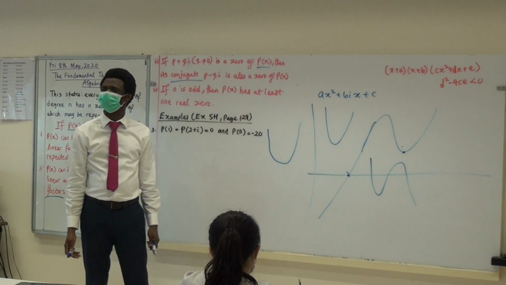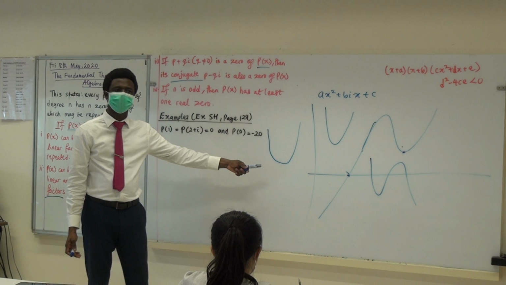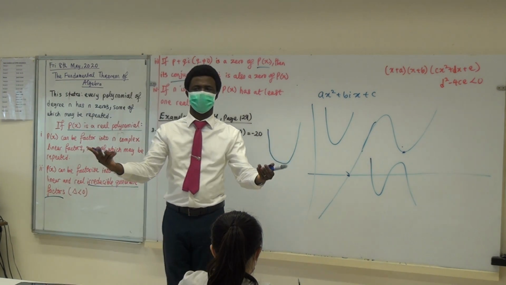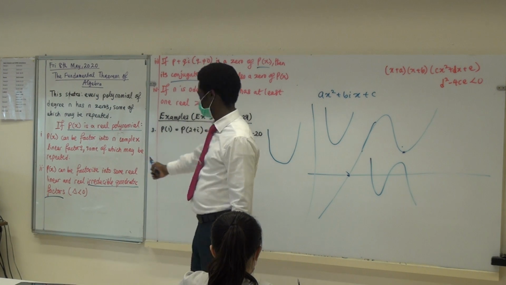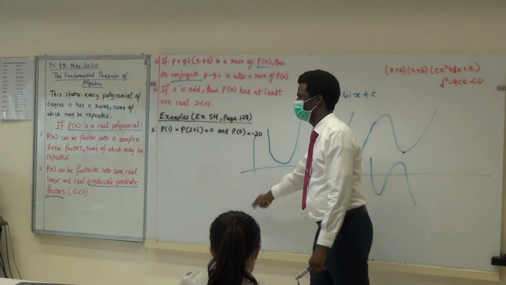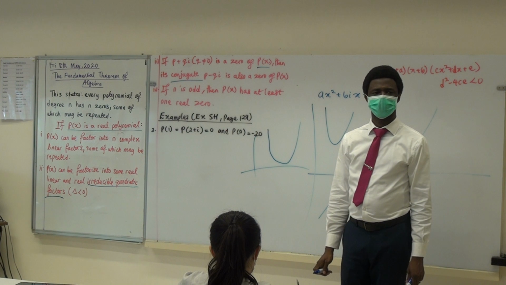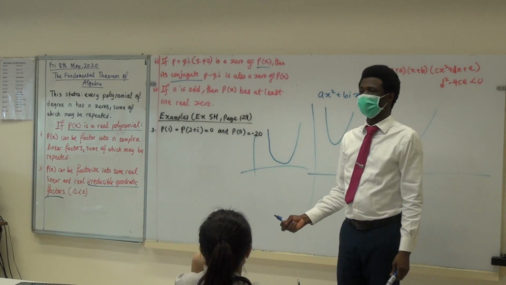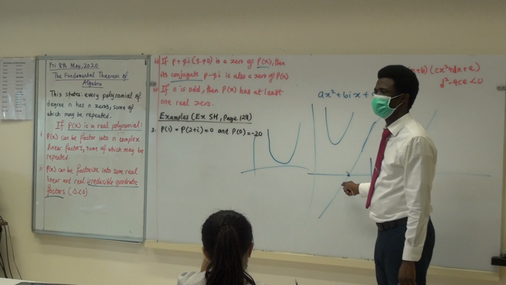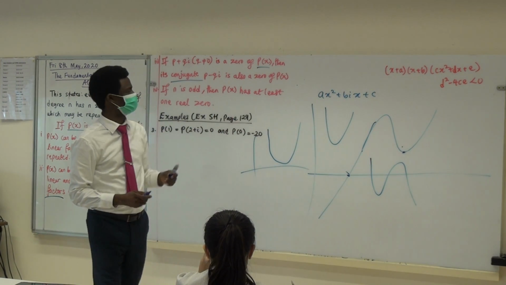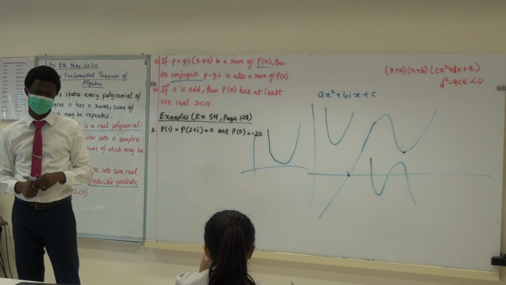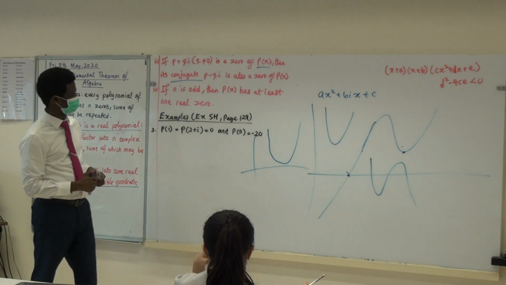If your degree 4 polynomial is factorized into two quadratics, and both quadratics happen to be irreducible, then this is what you get. But if you have a polynomial of degree 5, it must cross at least one location. That is the reason for this last observation. Any questions, please? All right, let's move to this question.